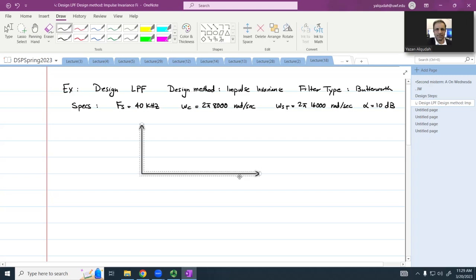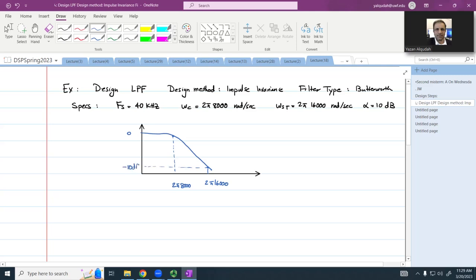So we want to build a filter, and according to the specifications, this filter should look something like this. This is 0 dB, and the 3 dB point is at 2 pi multiplied by 8,000, and at 2 pi multiplied by 16,000, we want the attenuation to be 10 dB.